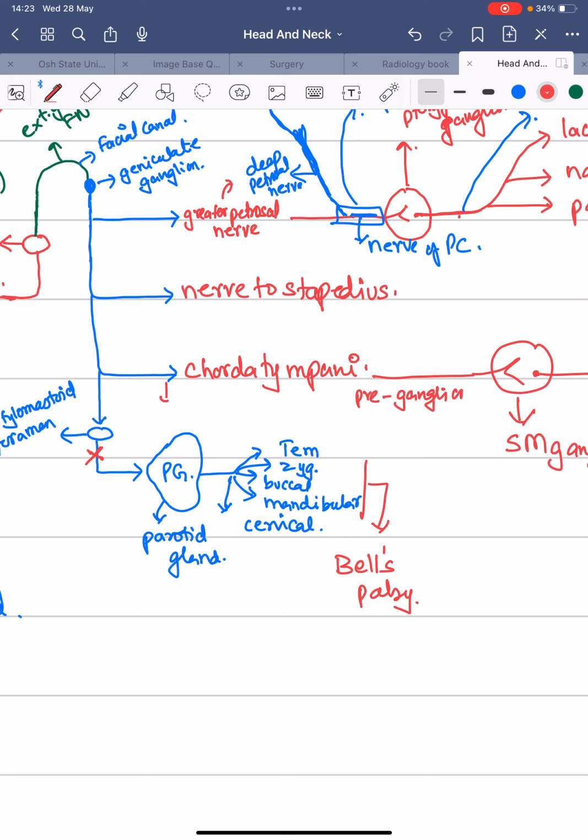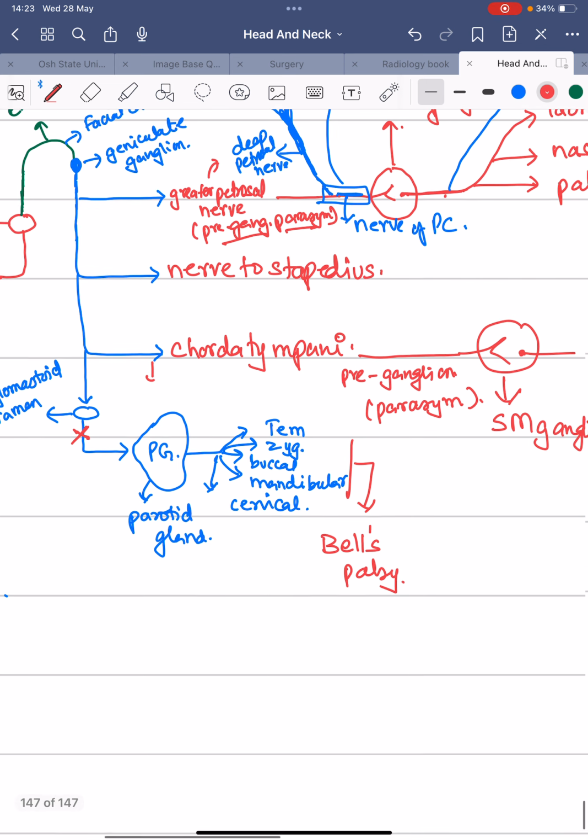Preganglionic nerve fibers. Which nerve fibers? Parasympathetic preganglionic nerve fibers. This is also your preganglionic parasympathetic nerve fibers. Okay, so chorda tympani contains what?